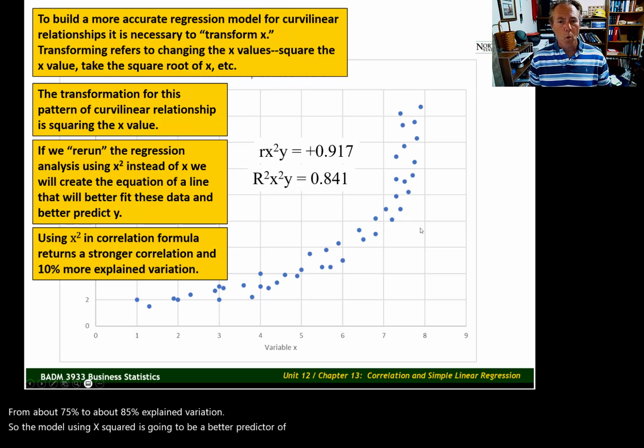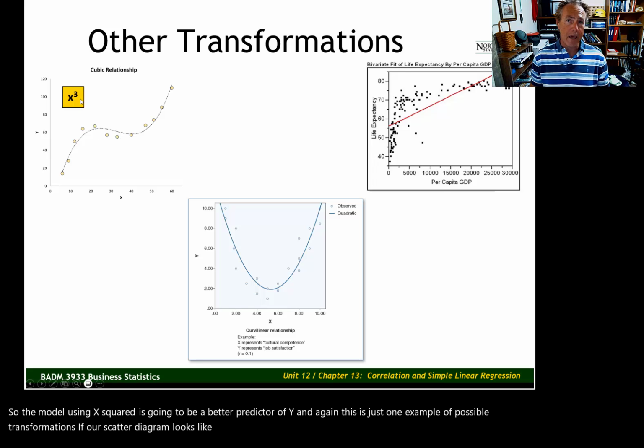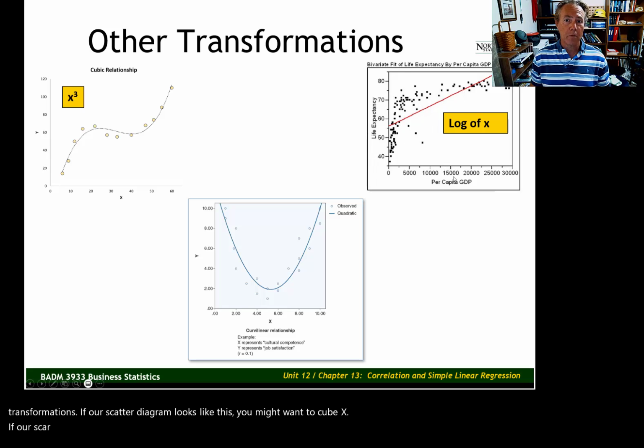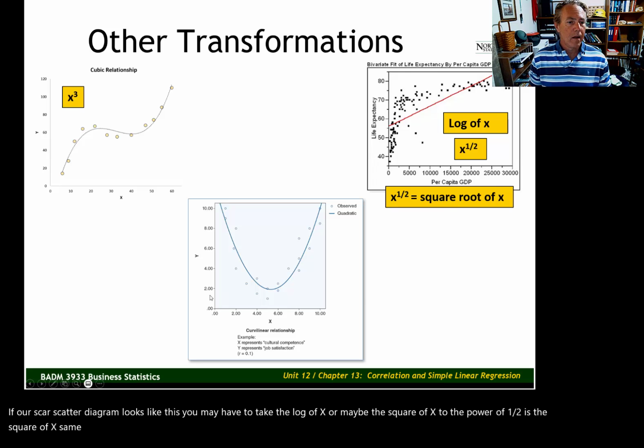And again, this is just one example of possible transformations. If our scatter diagram looks like this, you might want to cube X. If our scatter diagram looks like this, you may have to take the log of X, or maybe the square root of X. Again, X to the power of 1/2 is the square root of X, same thing, they're equal.